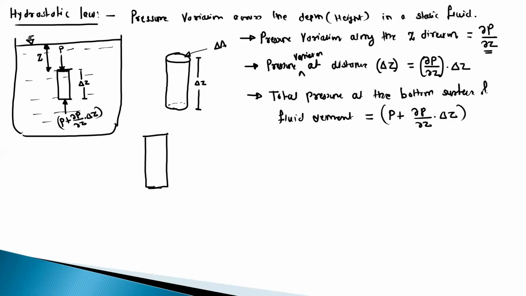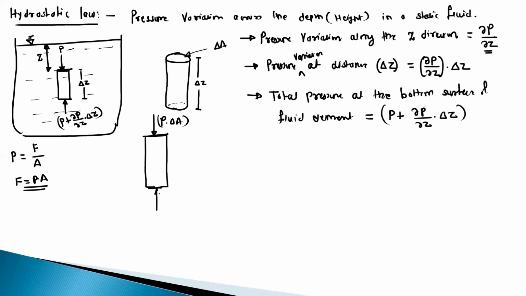This pressure is acting on this area, which is delta A. Pressure is equal to force upon area, so force is equal to pressure into area. This is the general equation. So the force is equal to pressure P into area delta A. This is the force on the top surface.